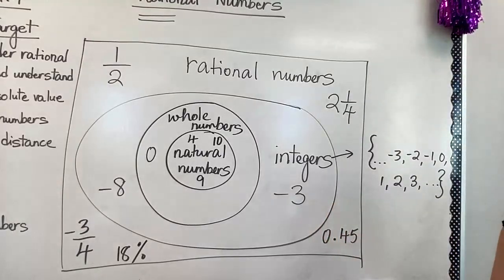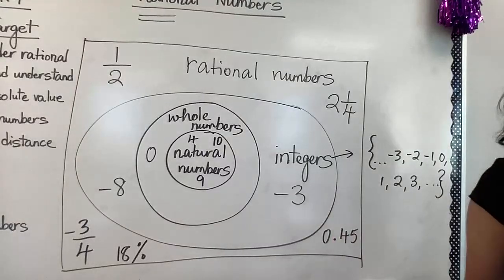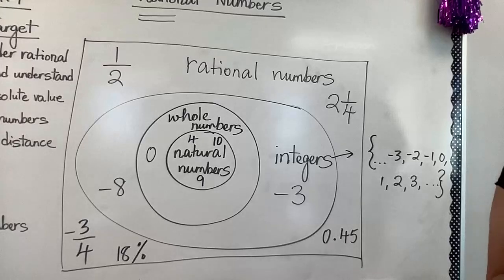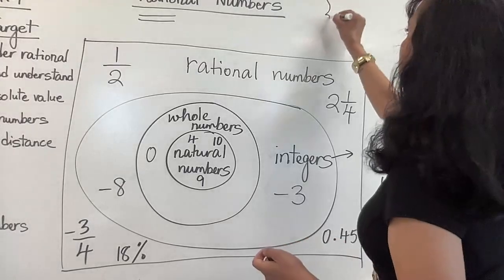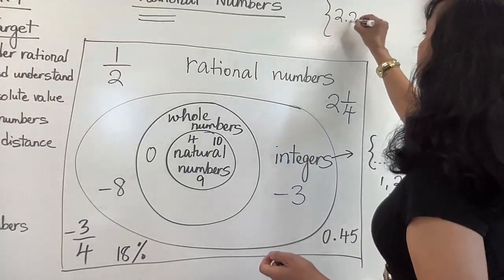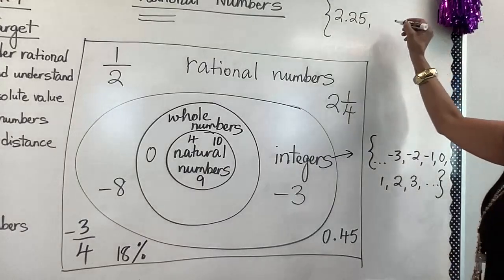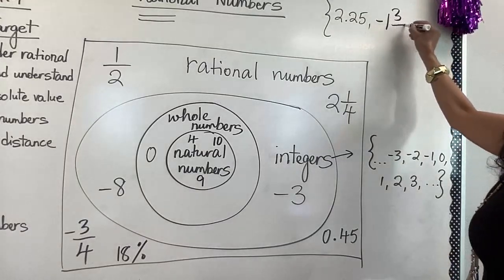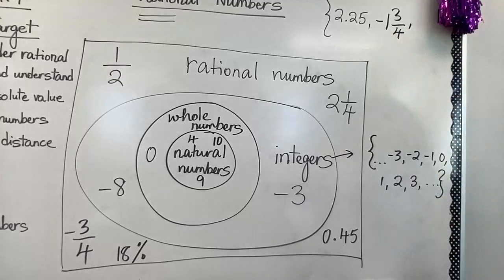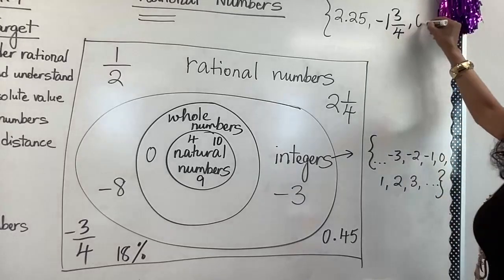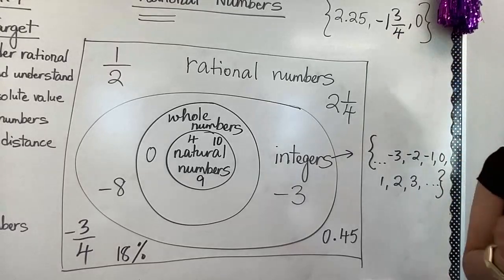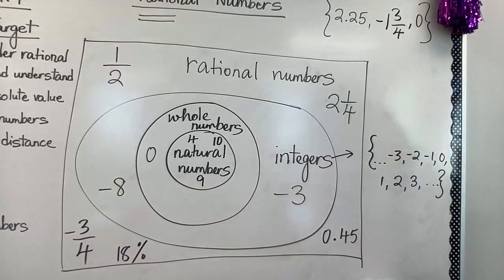Now, the next thing, let's talk about graphing rational numbers on a number line. Let's say I give you a set, because they are written like this, and I give you 2 and 2500. I give you -1 and 3/4. Okay, -1 and 3/4. And I give you 0. And here's my set. And I ask you to graph that.